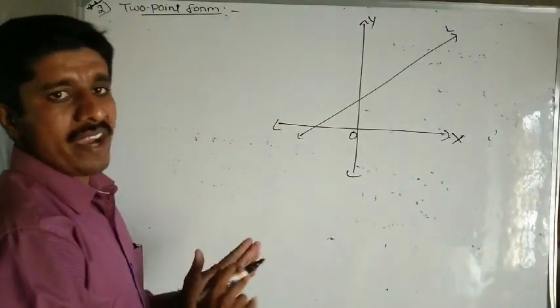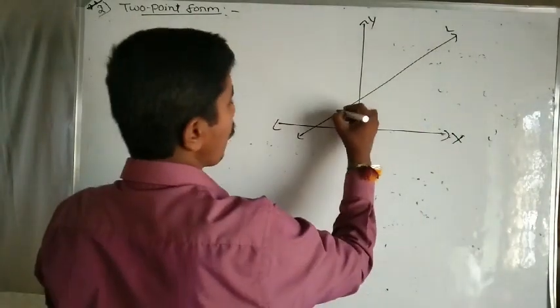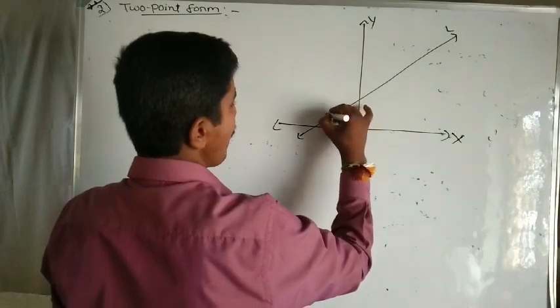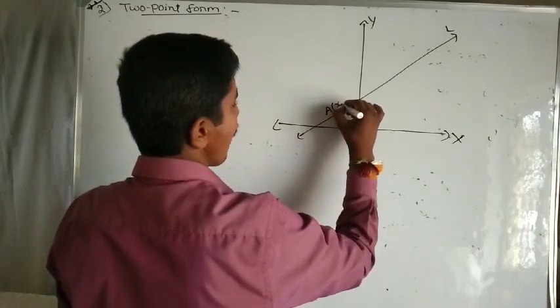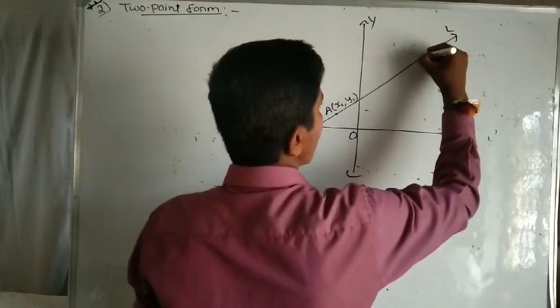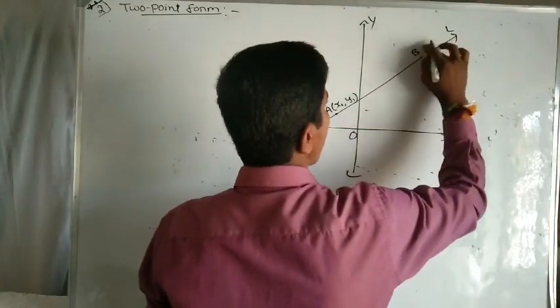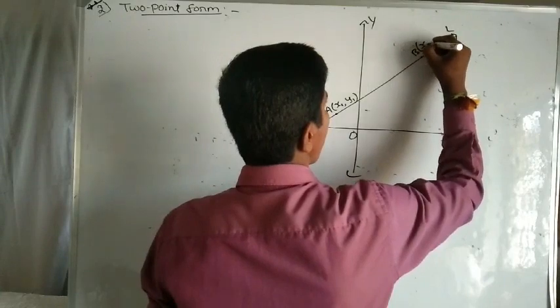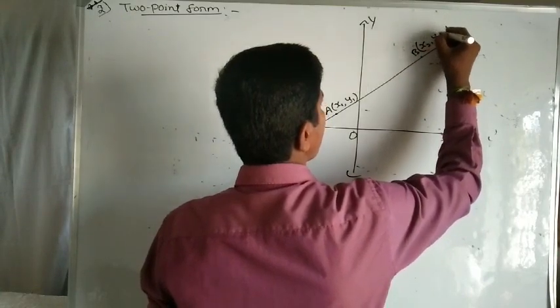There are 2 points on the line L. Take the A point, let its coordinates be x1 comma y1. Take the B point, its coordinates x2 comma y2.